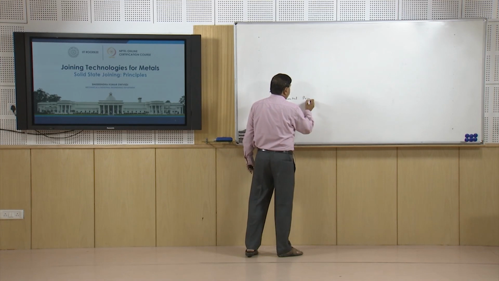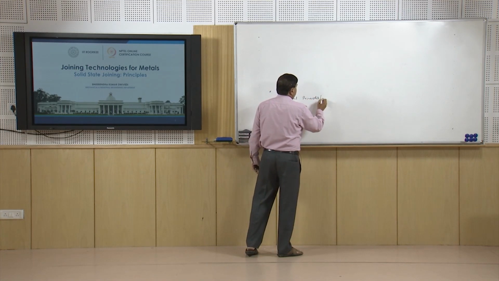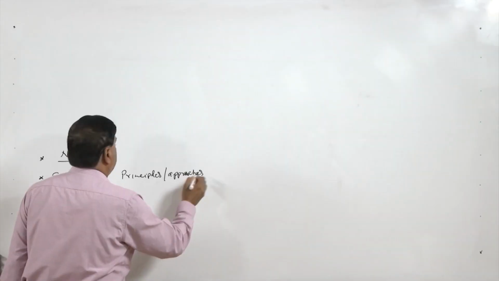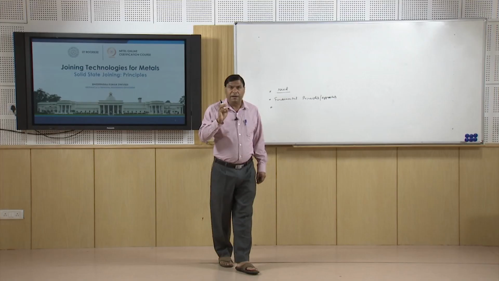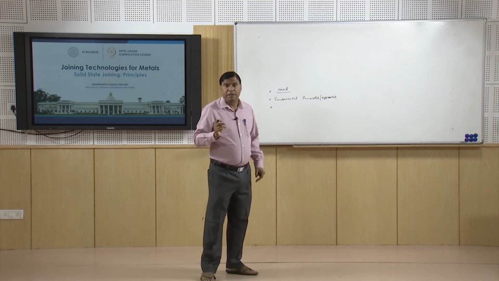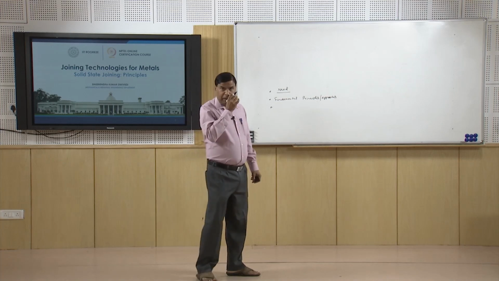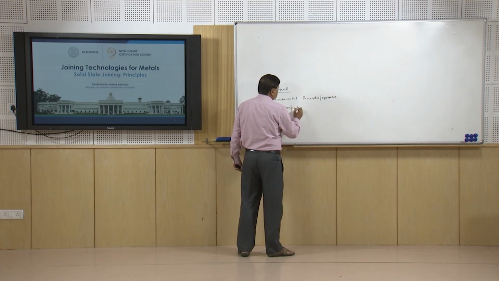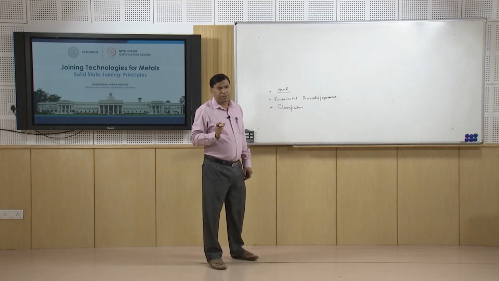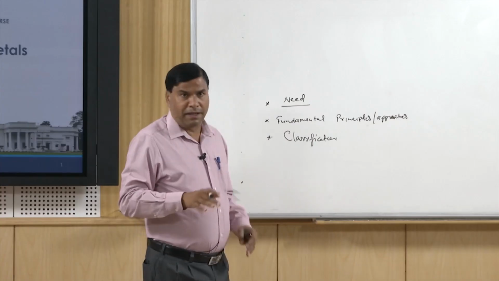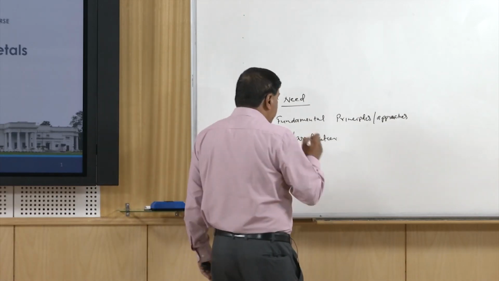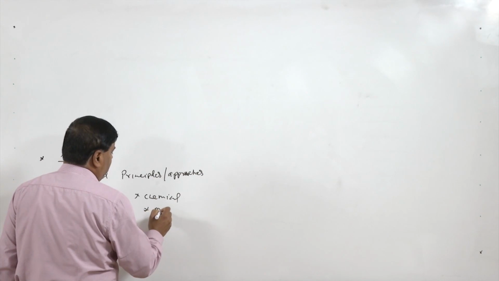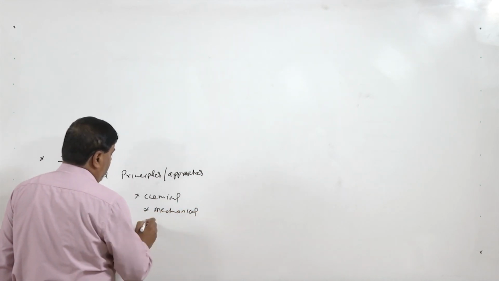So, the fundamental principles or the approaches which are used in solid state joining processes, and thereafter we will see what are the underlying fundamental principles based on which the joining takes place, or also on the bigger classification based on the parameters which are used or significant parameters related to the solid state joining that govern the success of the process, like the way by which energy is applied, which may be in form of, say, chemical energy, mechanical energy, and electrical energy.